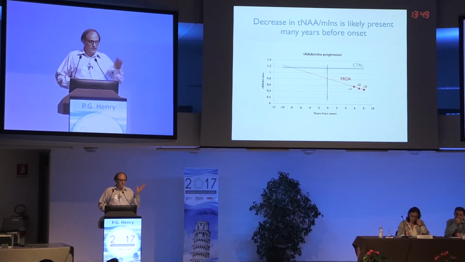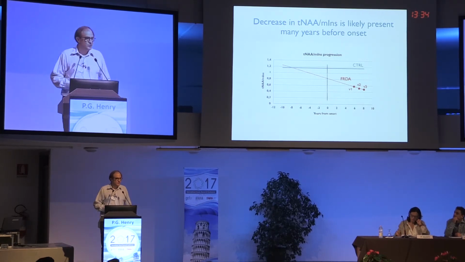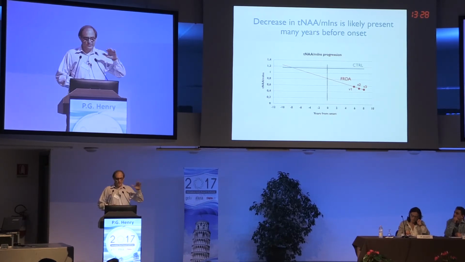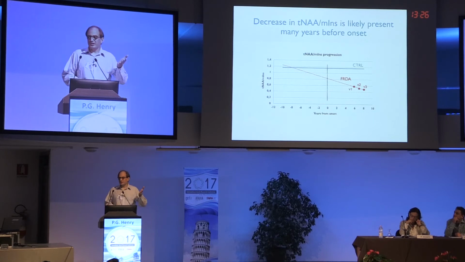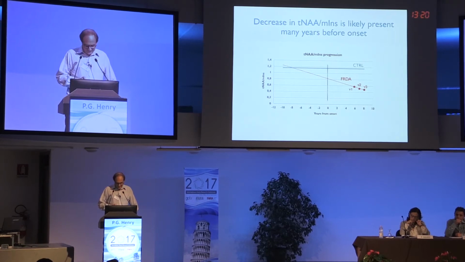the difference. There is another possibility that during development, the spine doesn't reach the same levels as controls. So instead of going here, it would be lower to start with. But I think this is very interesting because it could give information about the brain and the spine, actually the spine in this case, before onset, and give information on when to start treatment, once treatment becomes available.